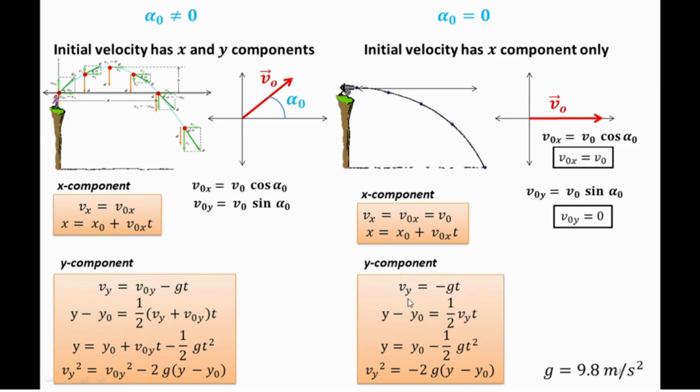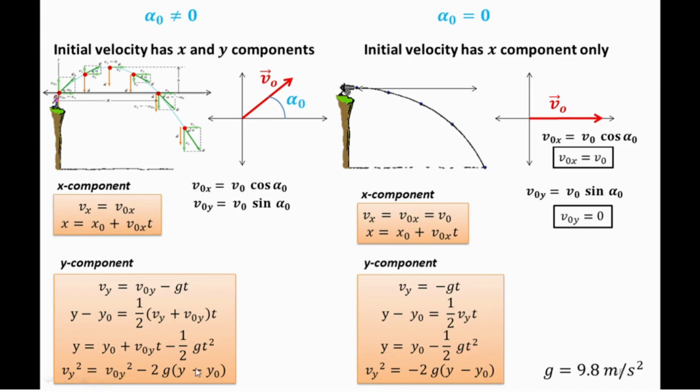So your final y velocity is just equal to the negative of the acceleration due to gravity, which is 9.8 meters per second squared, times the time. While this second equation will be reduced as well because this is now equal to 0. So y minus y naught is just equal to 1/2 of the final y velocity times the time. Again here, this will be reduced, so we remove the term here. So you are left with the final y position equal to initial y position minus 1/2 of g times the square of t.